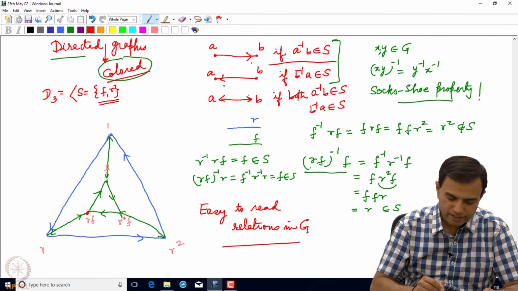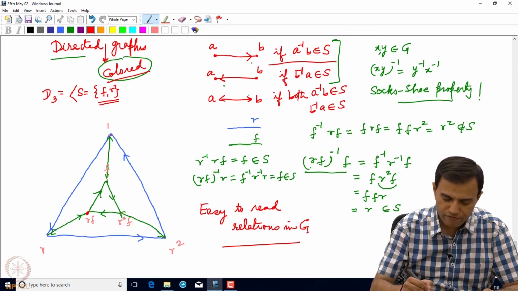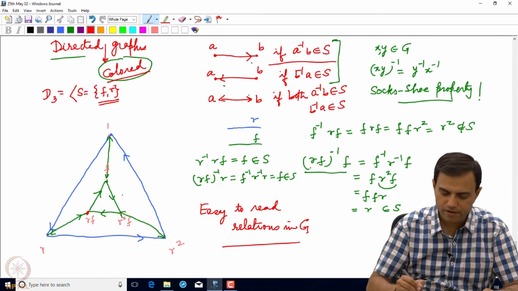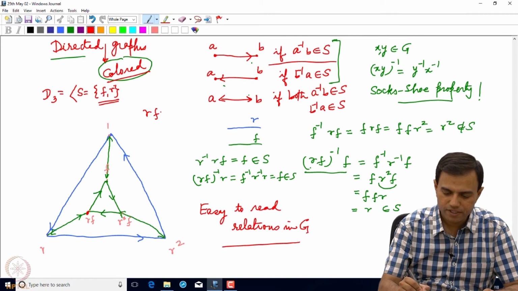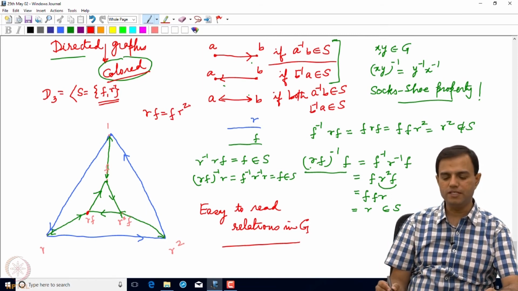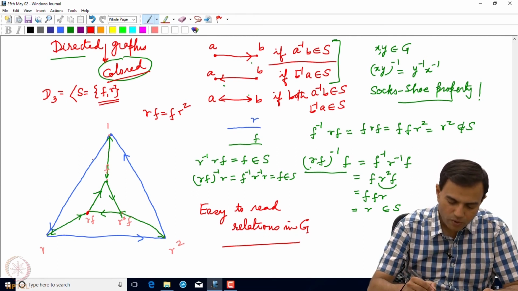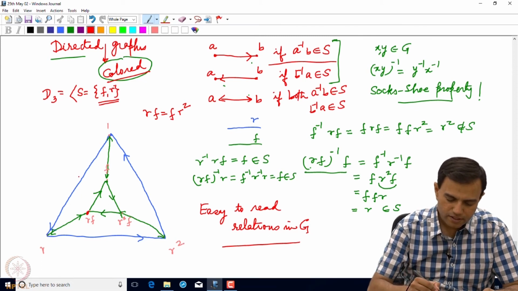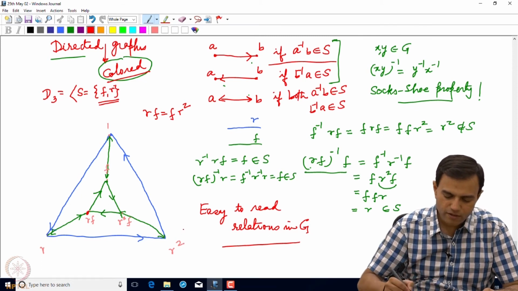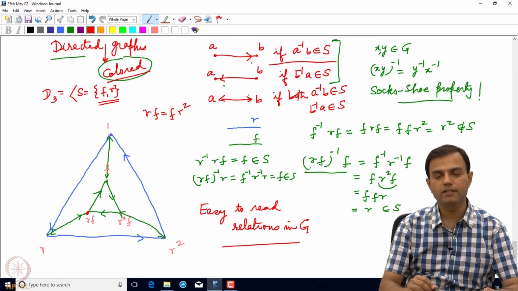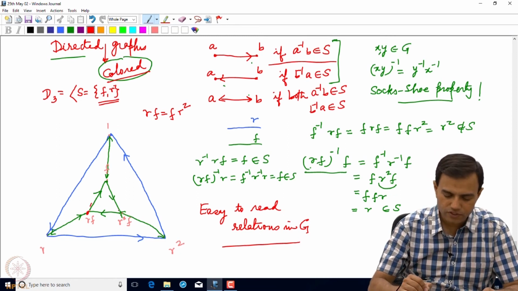You take R and then you take F. This green was F. Take R, F, that's all. Or you do F, R, R, F R square. So RF is the same as F R square. Other relations you can also see within this. So here you see the direction of the outer triangle is like this, which is anti-clockwise, but for the inner triangle the direction is like this, which is clockwise.